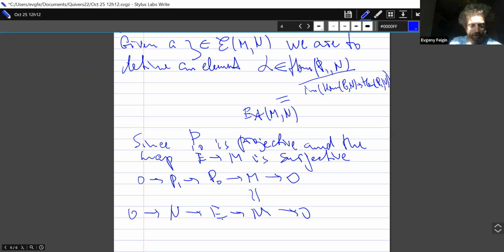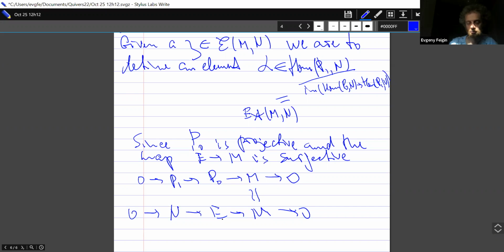Since P0 is projective, we have a map from where to where? M is the same module, E to M is surjective, and P0 is a projective module.